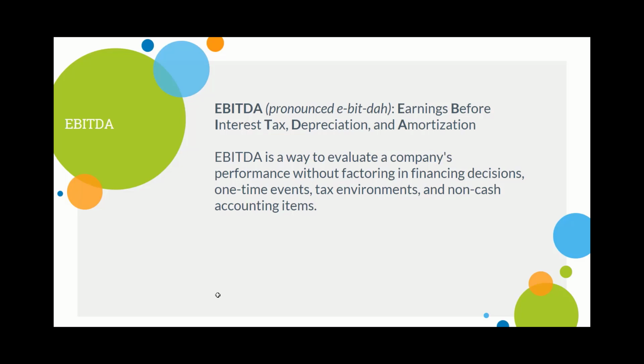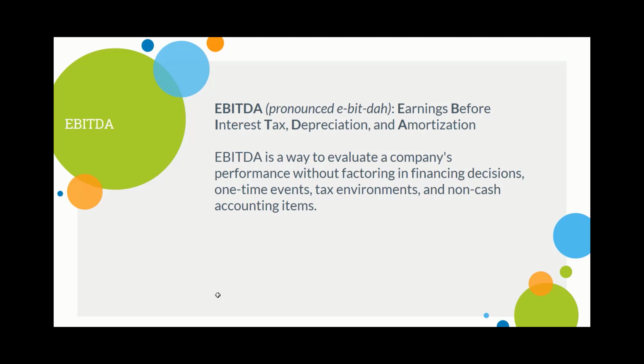We're excluding one-time events. So if you had a huge lawsuit and you have to include that as part of your income, we don't want to include that, because that's not your true profitability. Or if you have some crazy other income stream coming into your company, we want to exclude that. Those are one-time items. We also want to go above the tax environment.